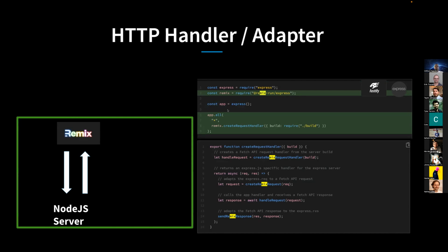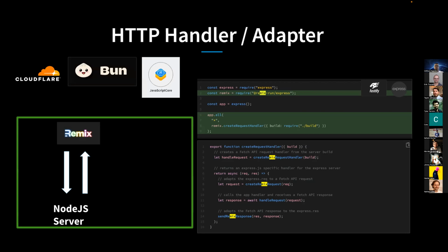You can see right here on the right side that when a web request comes in, Remix essentially normalizes the web request that's coming in and converts it to a web compatible response object. You'll see why this normalization of server-side Node.js APIs and client-side web APIs is important later on.